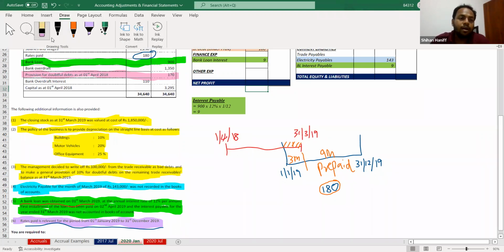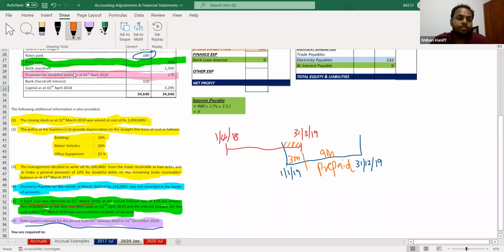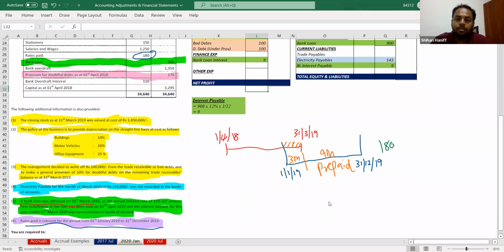Can you all tell me how much is the prepaid rates? Total 180. How much is the prepayment?